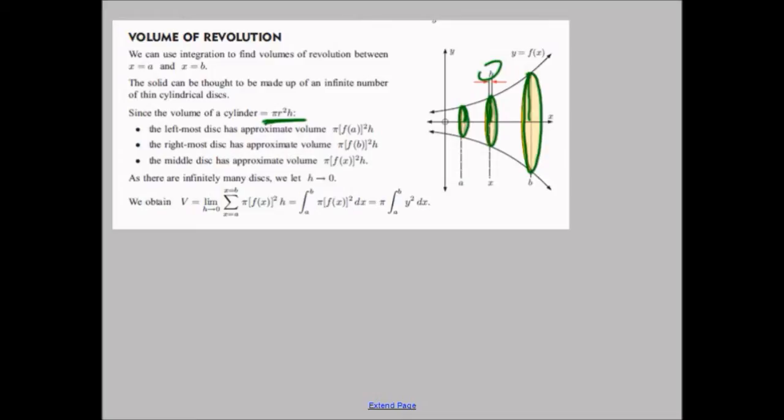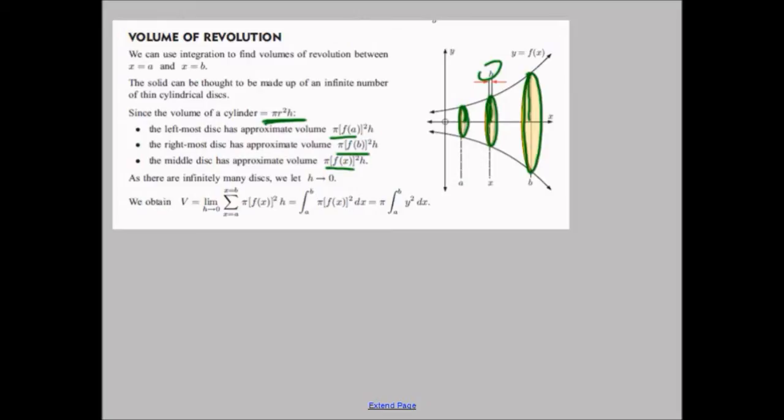The leftmost disk would have radius f of a, and the rightmost disk would have radius f of b. All the middle disks would have radius f of x, depending on what x is each time. This is actually a limit because we want those disks to be as small as we possibly can.